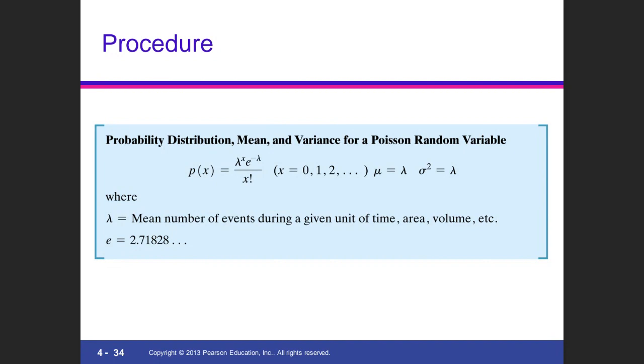The mean is lambda, but also the variance is lambda. There's only one parameter, and that's it. So any question where you have a mean is more likely to be a Poisson approach.